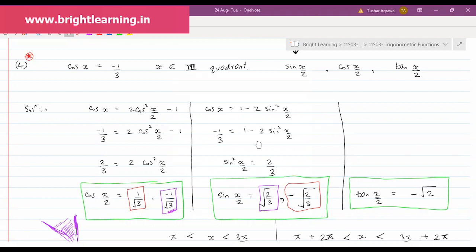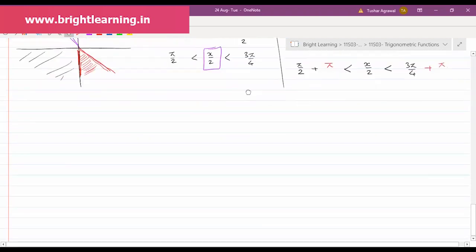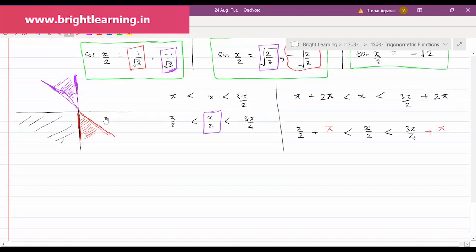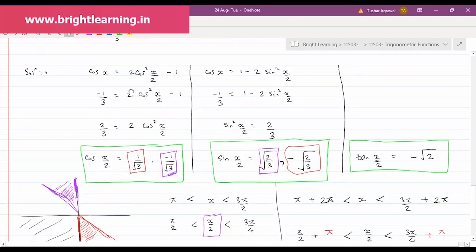Okay, let's proceed. So after this, the next part that I want to tell you is for multiple angles only. Next, find the value of sine 18 degree. This value you memorize. Fourth question.